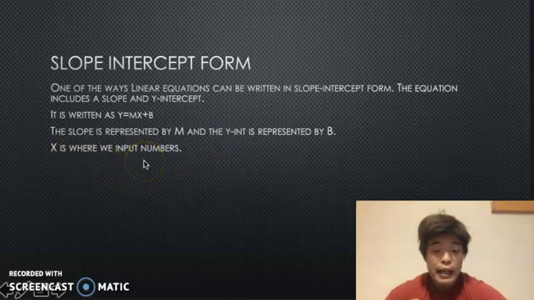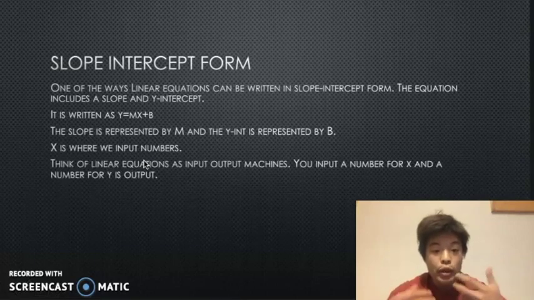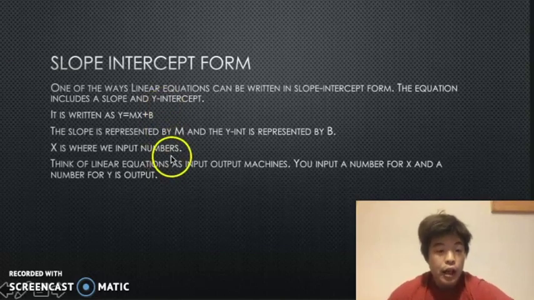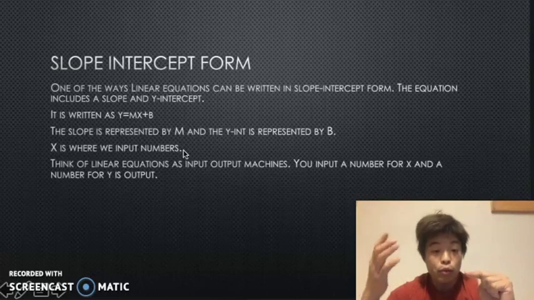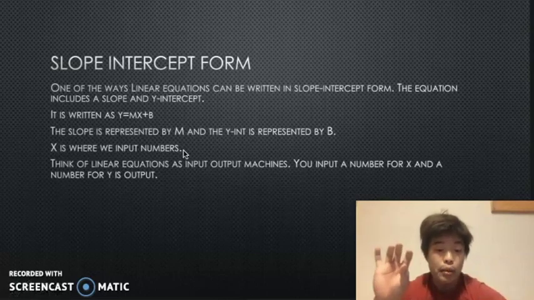Now, if you remember last week, we talked about how an ordered pair is x and y. The way you want to think about a linear equation is like a machine. You put a number in for x, we apply the rules of the machine, and a y number is produced.